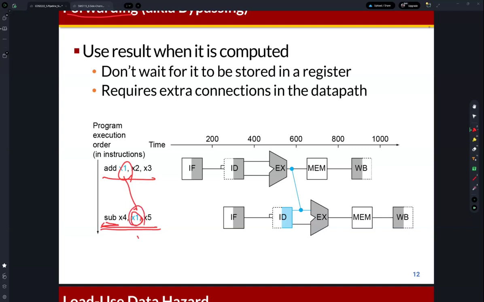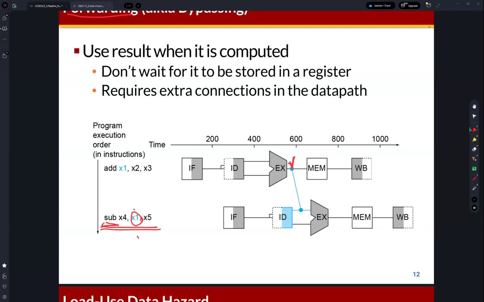This is the common case. But if we look at the pipeline architecture, the result of this add instruction is generated at this point.